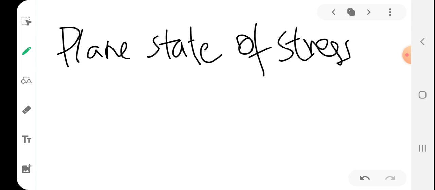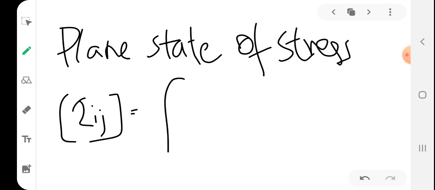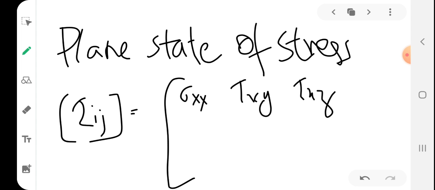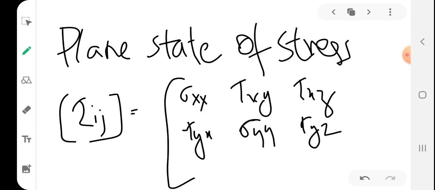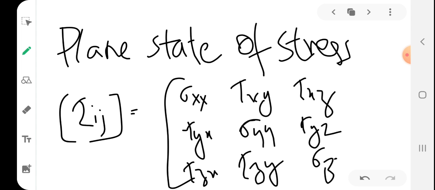Okay, so students, you know how to write the state of a stress in Cartesian, in matrix form, right? Sigma xx, tau xy, tau xz, tau yx, sigma yy, tau yz, tau xz, tau zy, sigma zz.